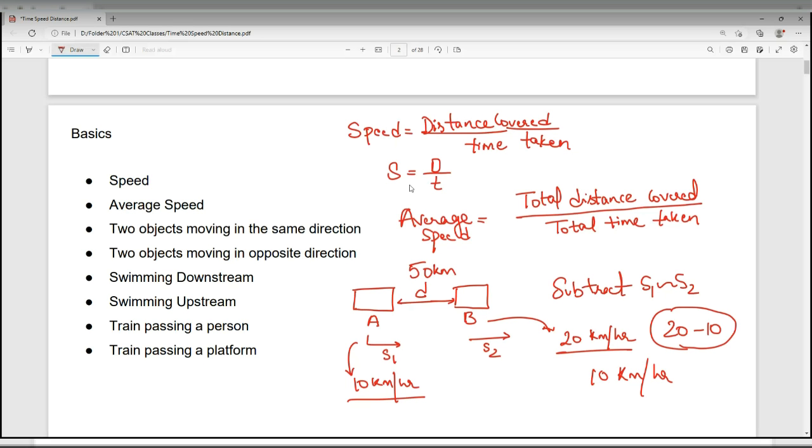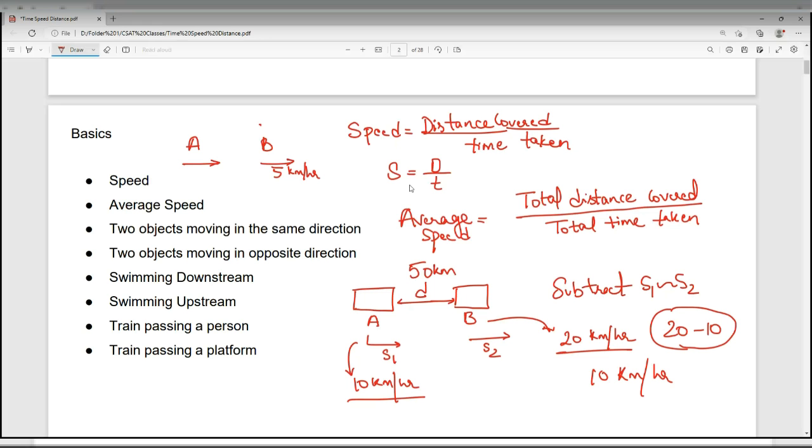Normally in physics, whenever we are calculating the relative speed of any object, we tend to stop that object. For example, in this case, B is traveling like this. If I represent it as a vector, and A is traveling in this direction, and I want to calculate the speed of A with respect to B, I stop B. For example, B is moving at 5 km per hour towards east.